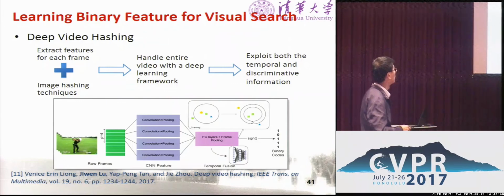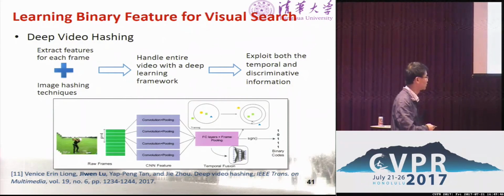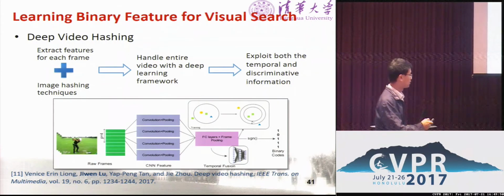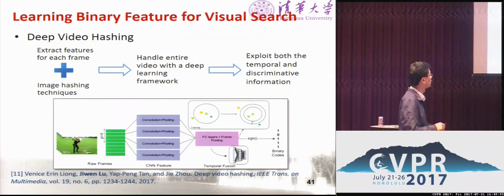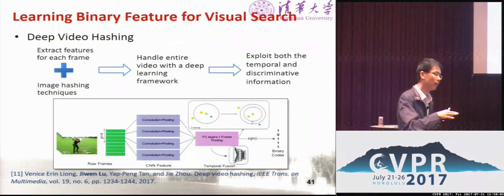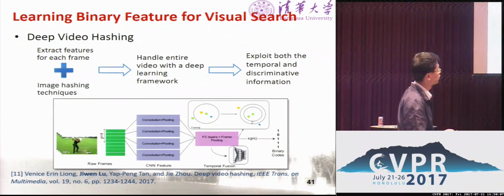For example, if we perform an action in the video, what we want to emphasize is that neighboring frames which describe the same action should have similar binary codes. So we first pass each frame into a deep network, and then we compute the binary code, and then we can do feature pooling among the neighboring frames. At the top layer of the network, we also use a large margin criteria. Here is also a sine function.